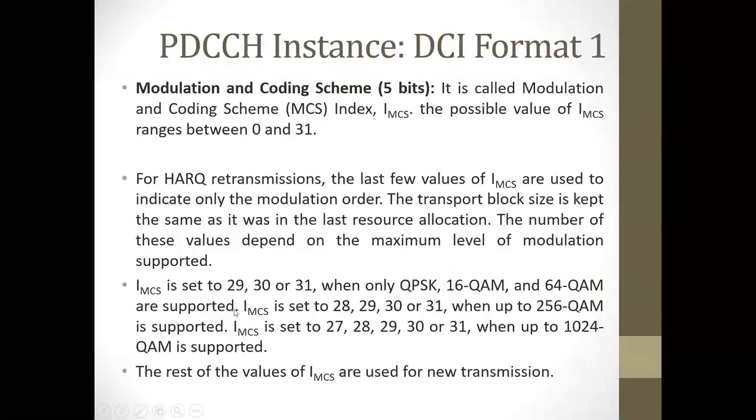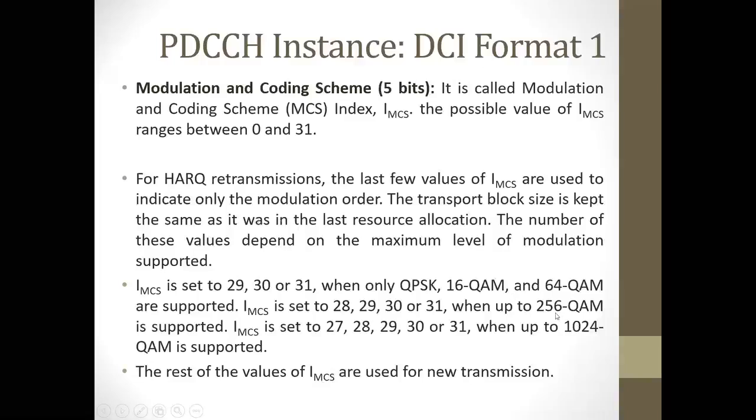Well, we know that there are several modulation levels possible: QPSK, 16QAM, 64QAM, then also 256QAM for later versions of LTE, and also 1024QAM. Now, if it is 1024QAM, then MCS from 0 to 26 are used to set 27 MCS levels.